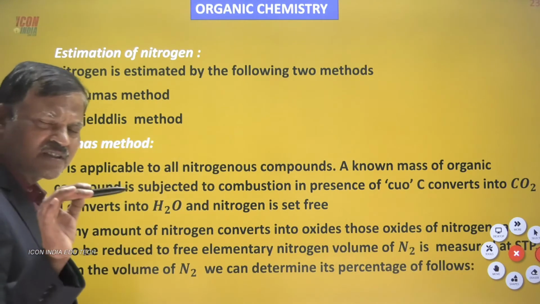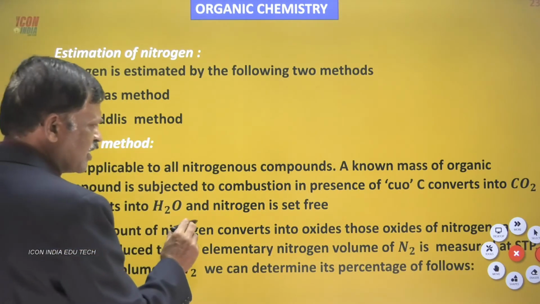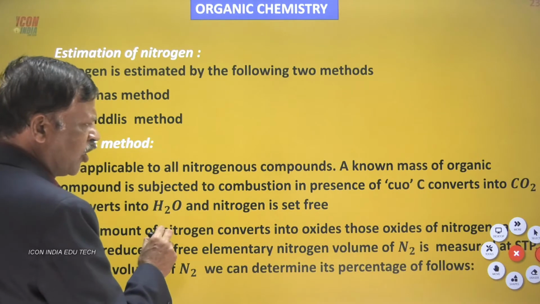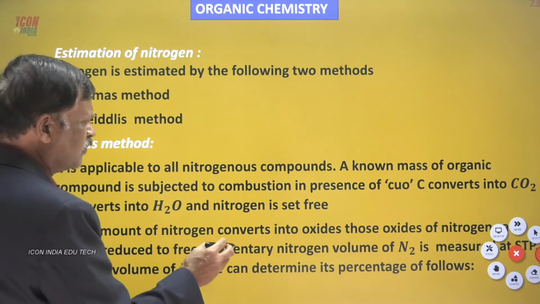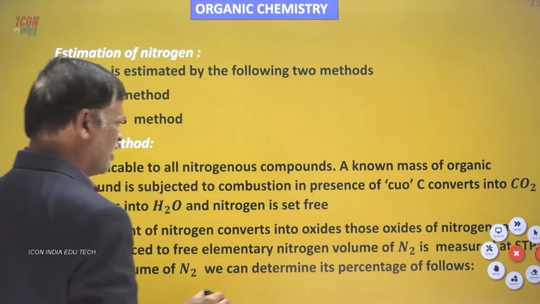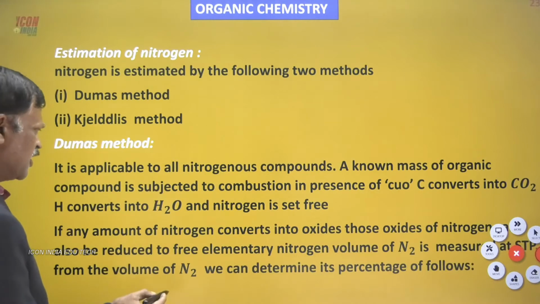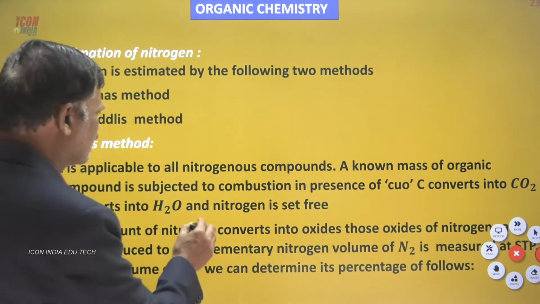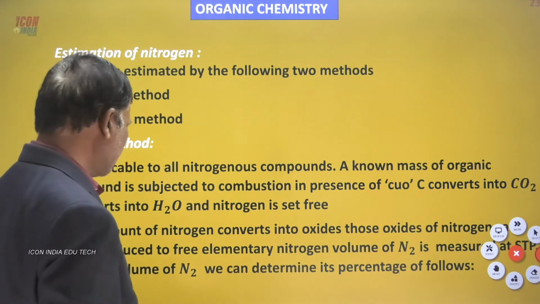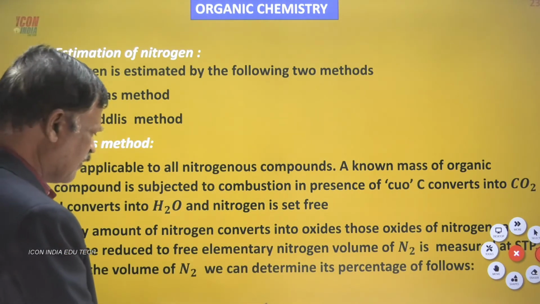Now our focus is on nitrogen. Whatever nitrogen is present in the organic compound is converted to free elementary nitrogen. In the process, if any nitrogen converts into oxides, those oxides of nitrogen are also reduced to free elementary nitrogen.